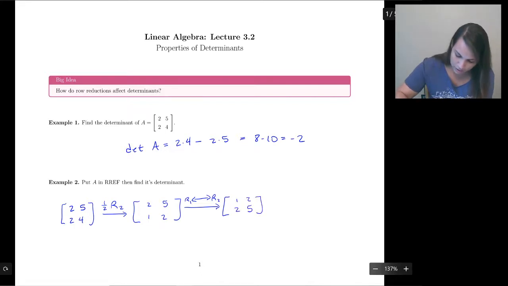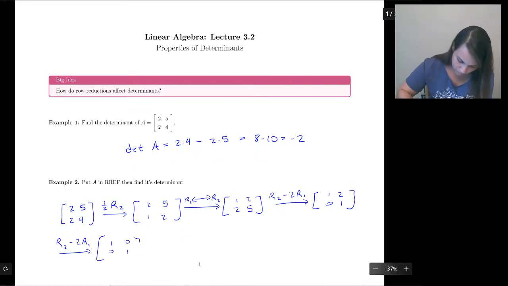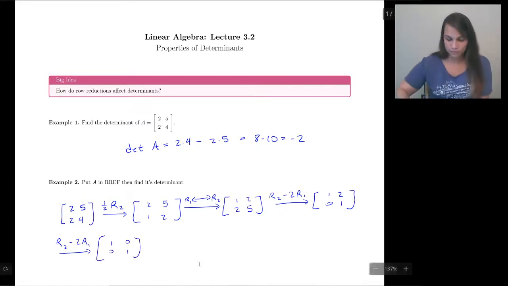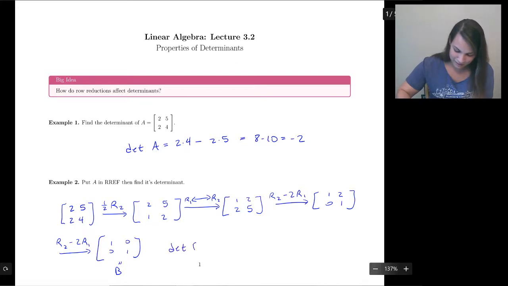Now this should feel like comfortable Gaussian elimination. Okay, we'll say that's B. It's pretty uninteresting. The determinant is just 1.